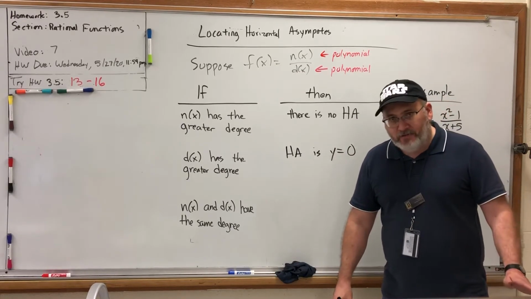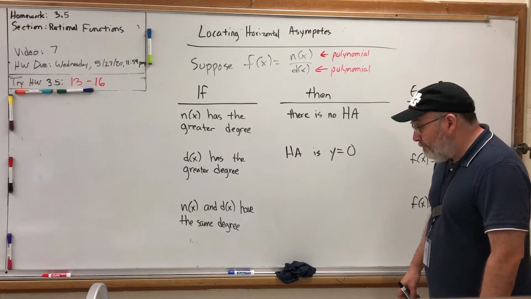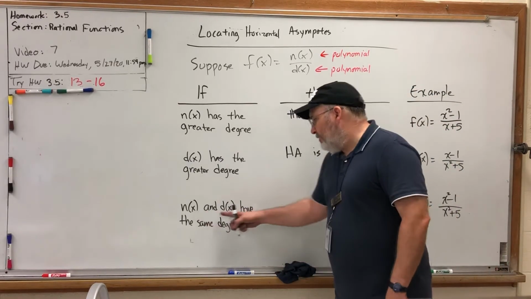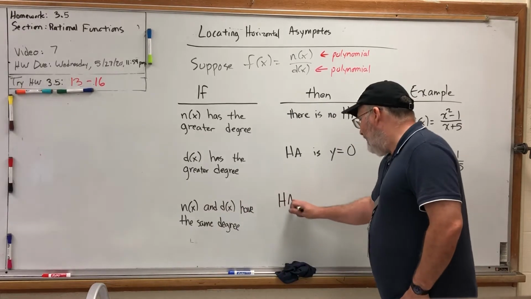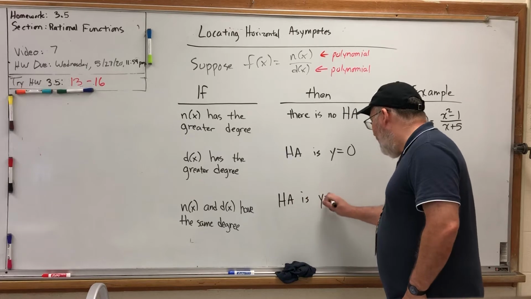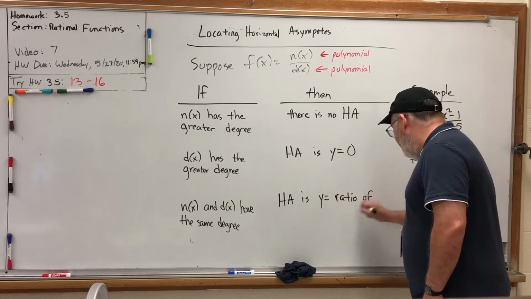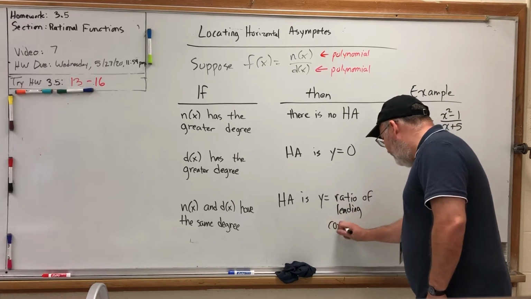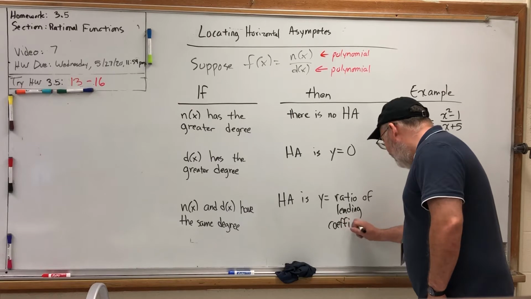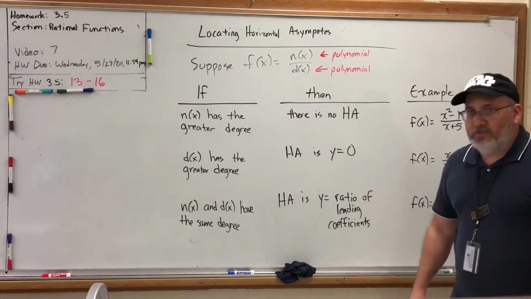Nothing to calculate, it's 0. But if the numerator and the denominator have the same degree, then the horizontal asymptote is y equals the ratio of leading coefficients. Remember, the leading coefficient is the number in front of the x with the highest power.